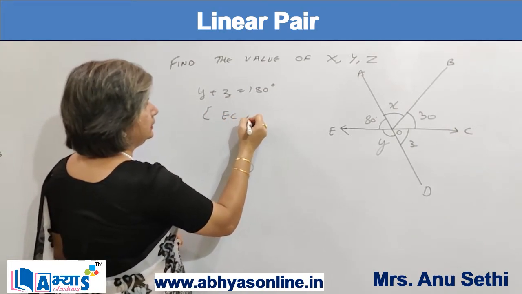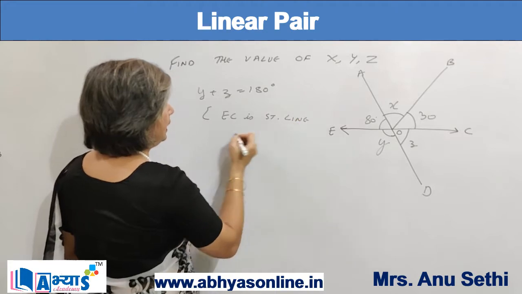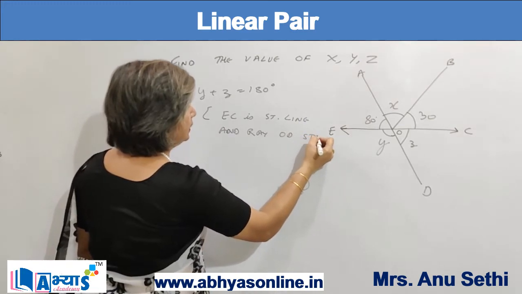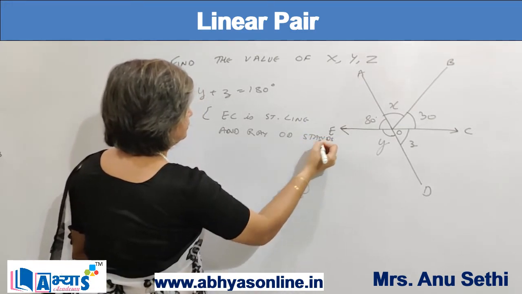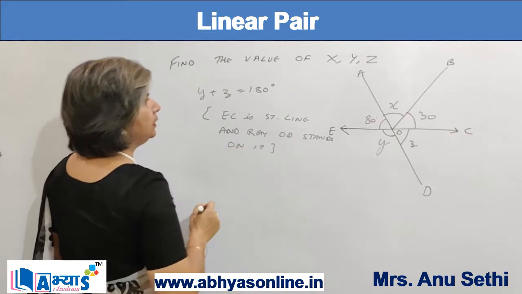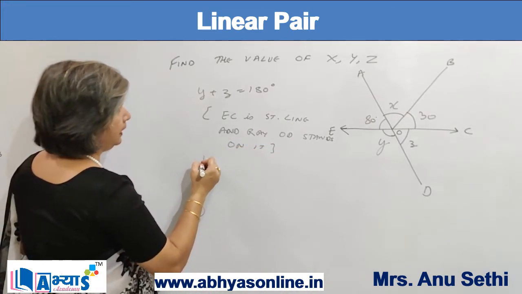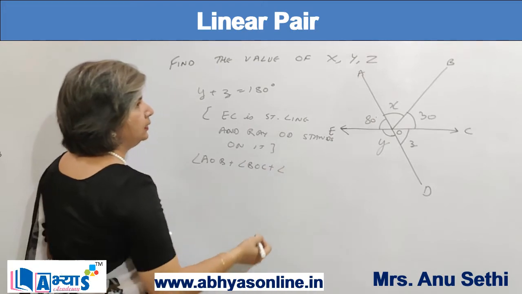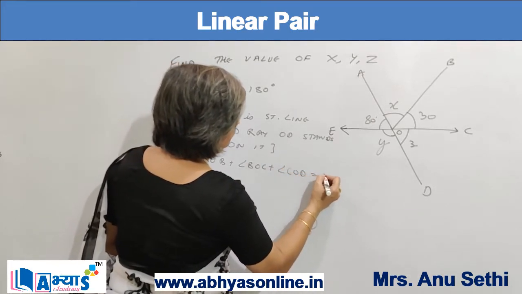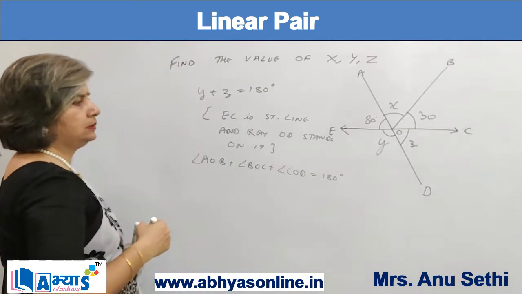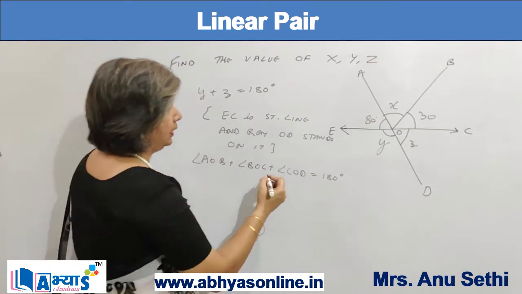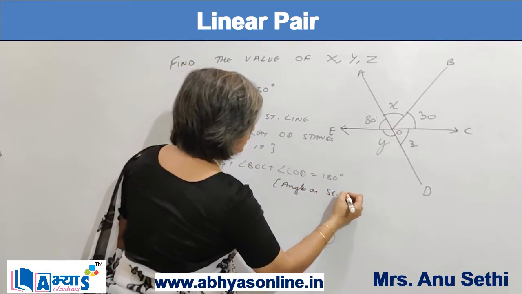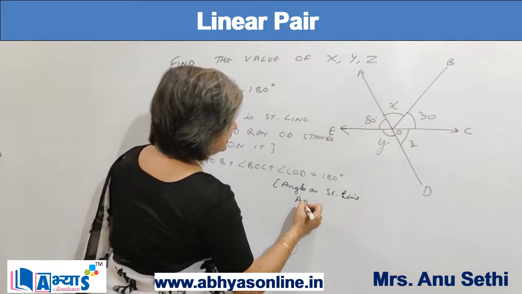because EC is a straight line and ray OD stands on it. Similarly, angle AOB plus angle BOC plus angle COD is equal to 180 degrees, angles on a straight line, because AD is a straight line.